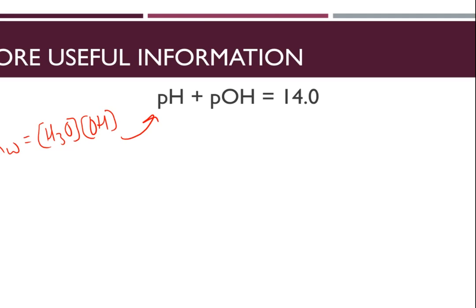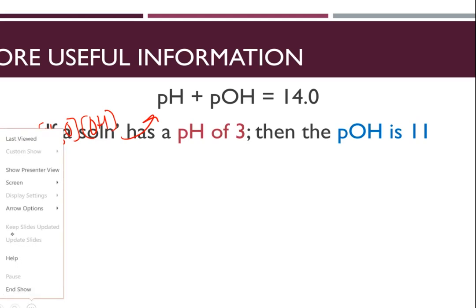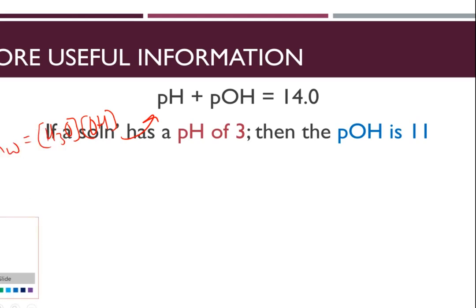And that relationship is as follows. pH plus pOH will always equal 14. So for example, if a solution has a pH of 3, then we can use this very simple arithmetic to determine that the pOH is 11. This will be very useful for us when we're looking at weak acids and bases to be able to quickly go back and forth between pH and pOH.